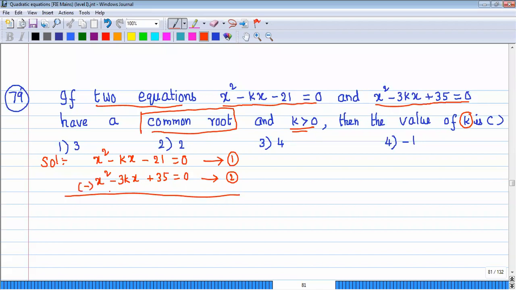So minus, this becomes plus, this becomes minus. So x square cancel. This will be 2kx. This will be 56 equal to 0. Now x equals to 56 upon 2k. That is 28 by k.